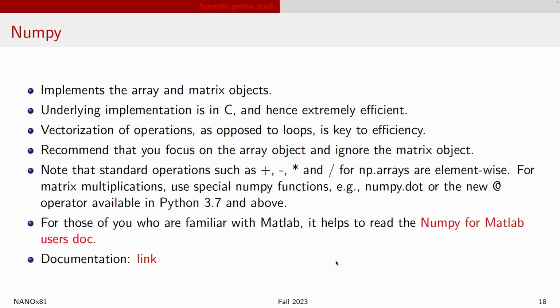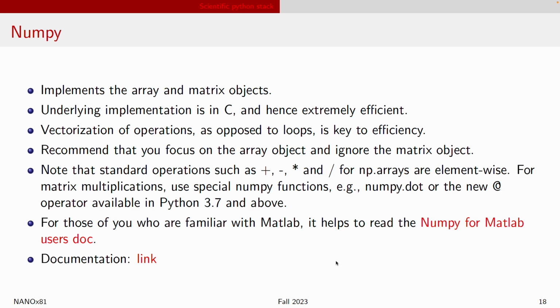The operations are vectorized, so if you actually say, for example, multiply two arrays of numbers together, it's much better for you to use the underlying NumPy functionality, which is a lot faster than, say, you writing a for loop to actually go through the numbers and multiplying them separately, okay?